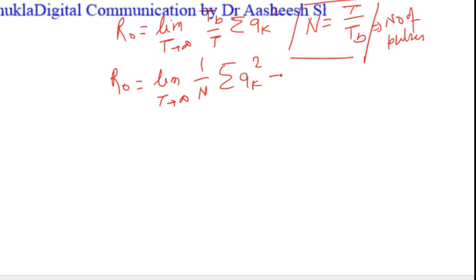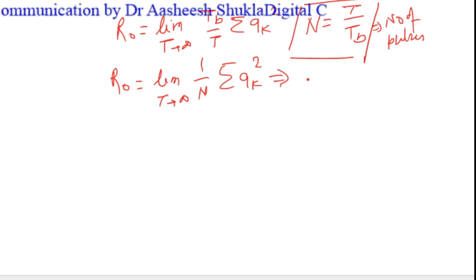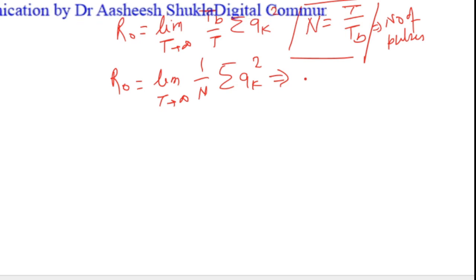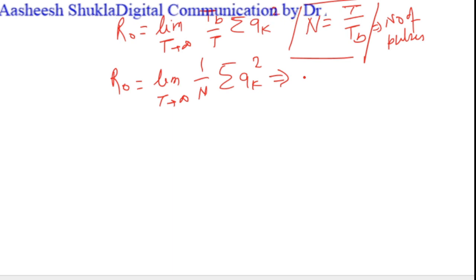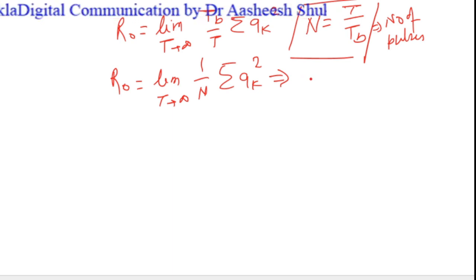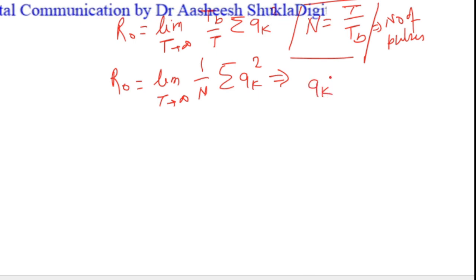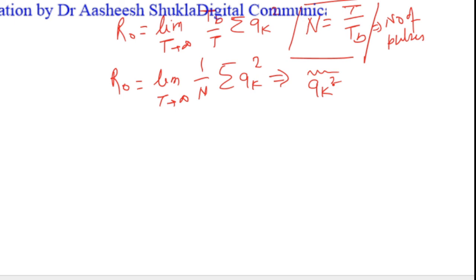So basically it is averaging of the strength. So R naught is the time averaged strength of the signal. You can represent it like ak square with a bar on top. This is nothing but the time average, right?